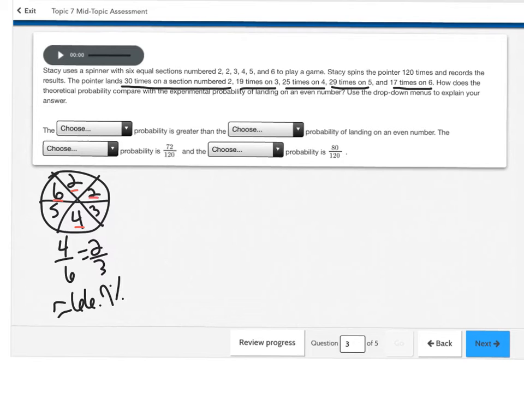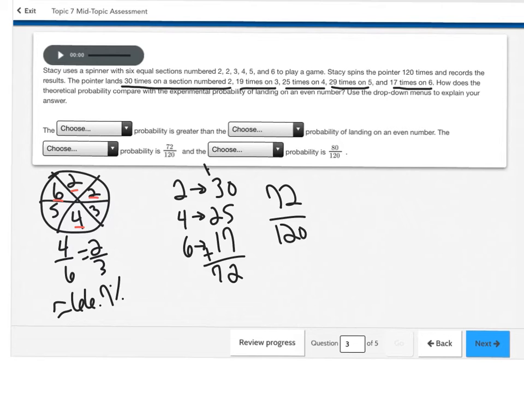For experimental, 30 times they got a 2, 25 times they got a 4, and 17 times they got a 6. If you add those together, that's 72. They spun 120 times, so we look at 72 divided by 120. That's 0.6, which means 60%.